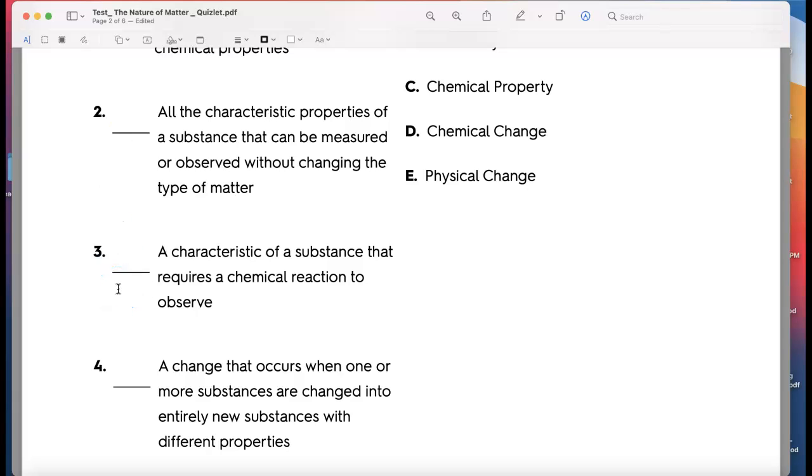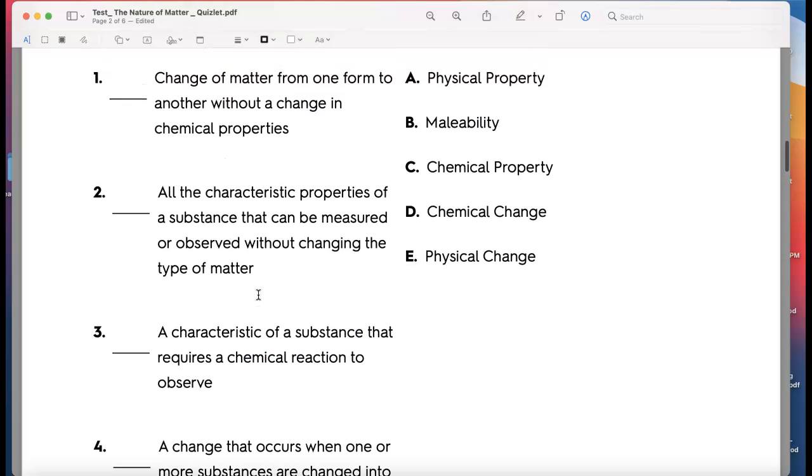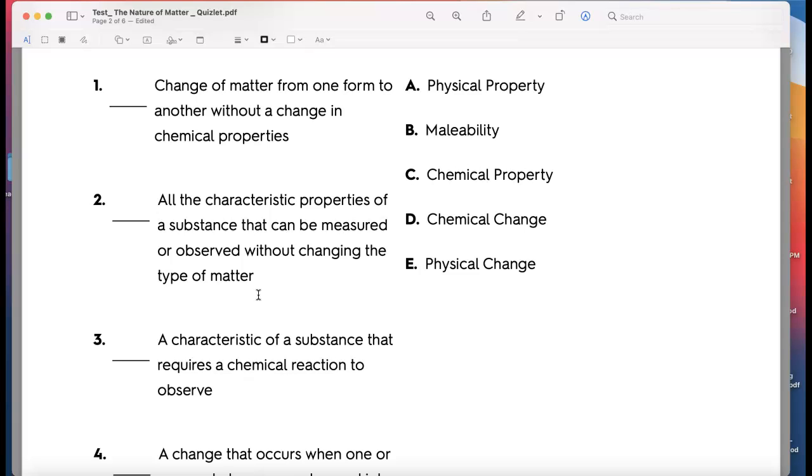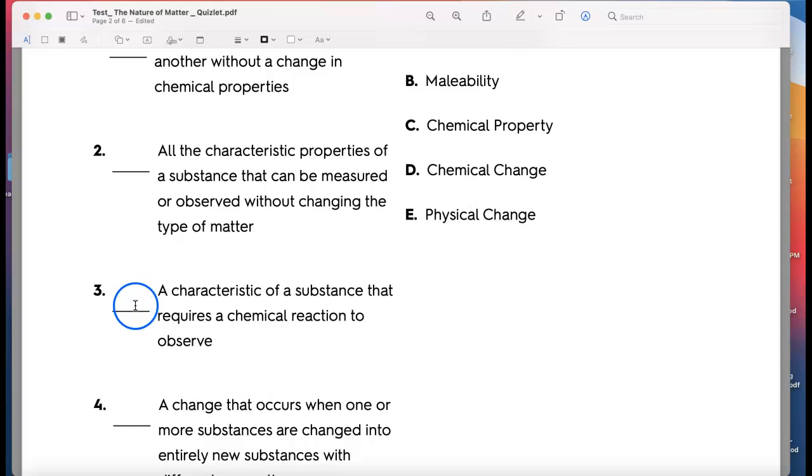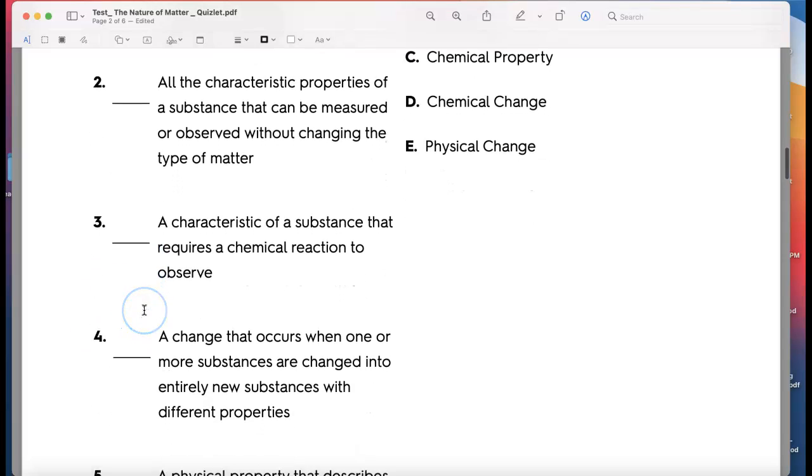Number 3, a characteristic of a substance that requires a chemical reaction to observe. Is it A, physical property, B, malleability, C, chemical property, D, chemical change, or E, physical change? Whatever you think the correct answer for number 3 is, write the letter on the blank.